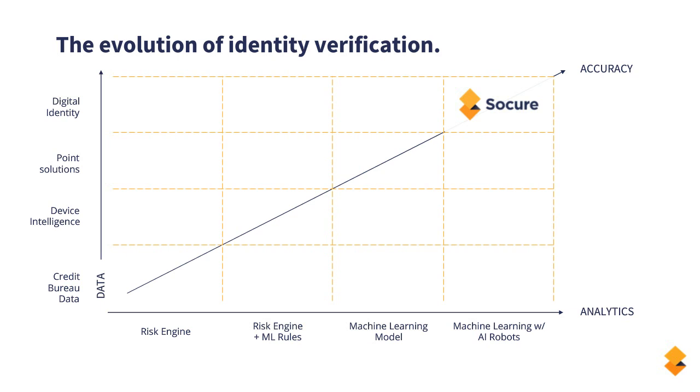About 15 years ago, you had the device fingerprinting vendors that started to pull in browser information, device-related information. Again, using static scorecards. Over the past 10 years, you've seen point solution providers, email verification, phone verification, address, IP, companies looking at siloed views of the identity. Again, mainly using rules-based systems.